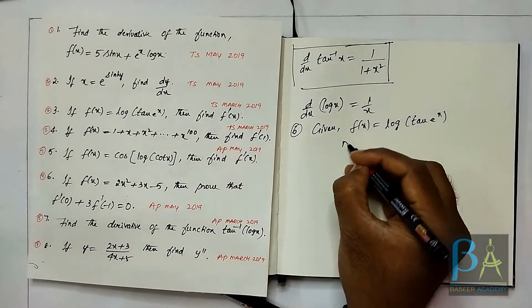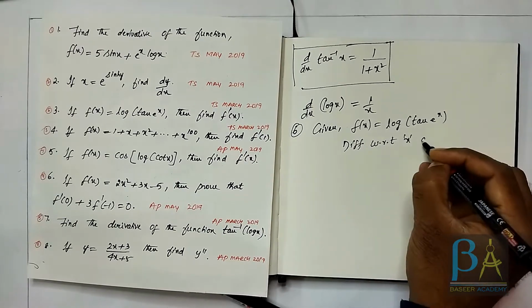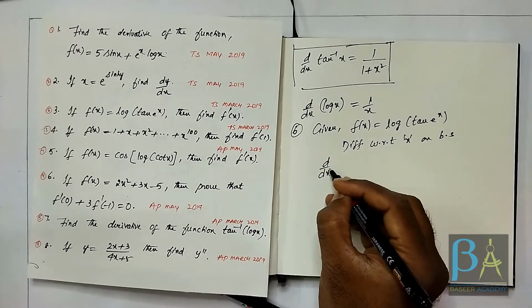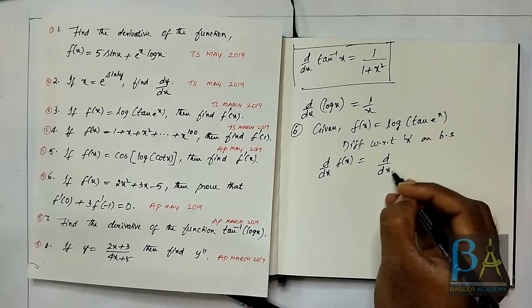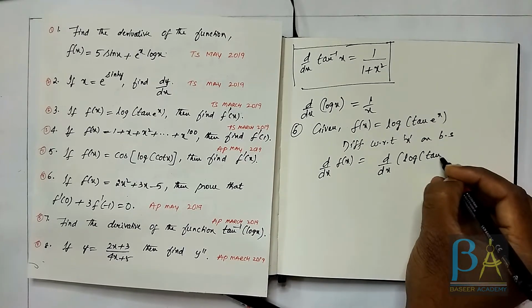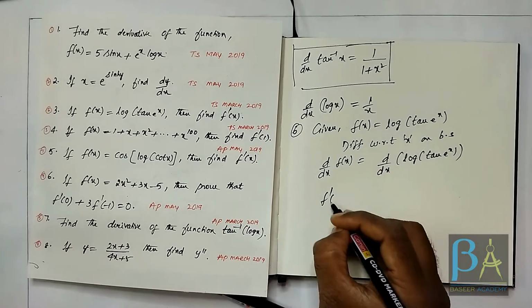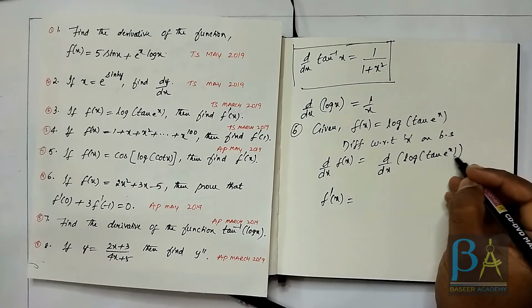Let us differentiate with respect to x on both sides. So I'm going to differentiate with respect to x the left hand side, and I'm going to differentiate with respect to x the right hand side as well. Now d by dx of f of x is nothing but f dash of x. d by dx of log of tan e power x.